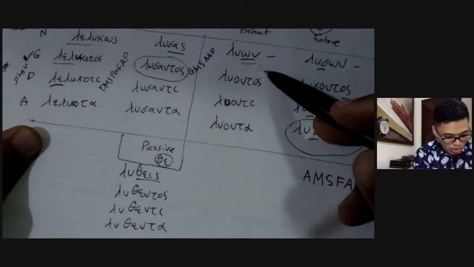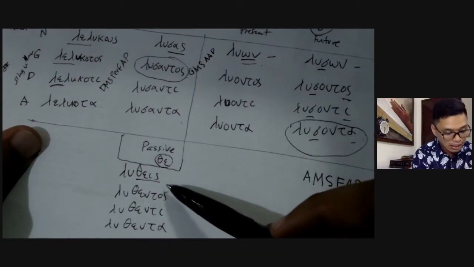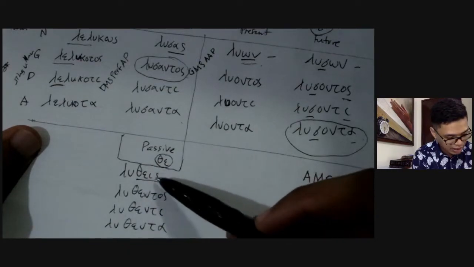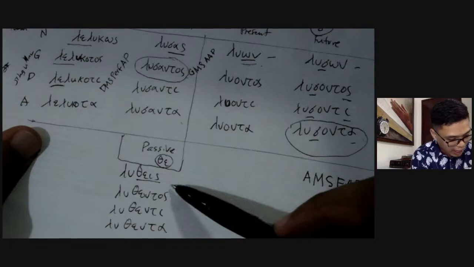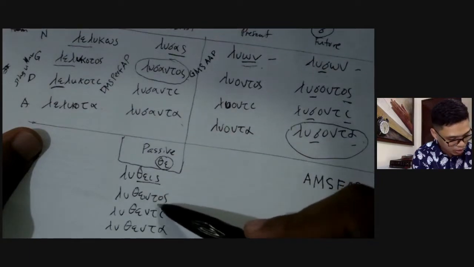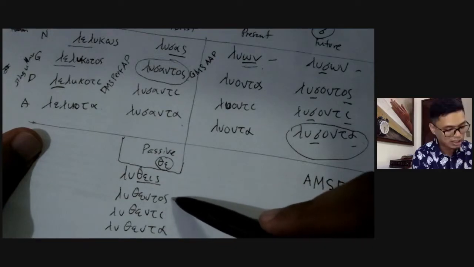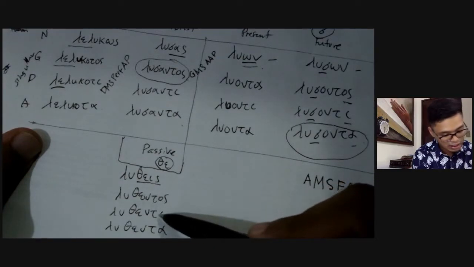Here you have socia, also the sigma drops off. It's all the same, except this is the form face. Then here you have thentos, thenti, thenta. Very simple. You know this one, os, that is the genitive ending, so you put genitive masculine singular. E, the dative ending, dative masculine singular.